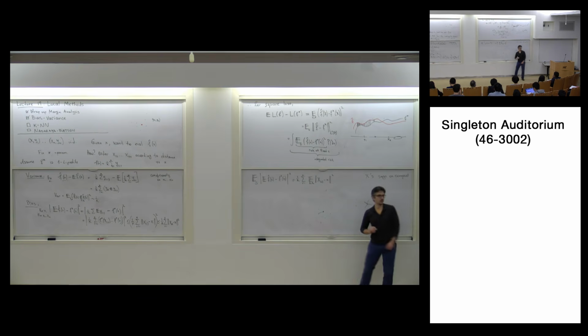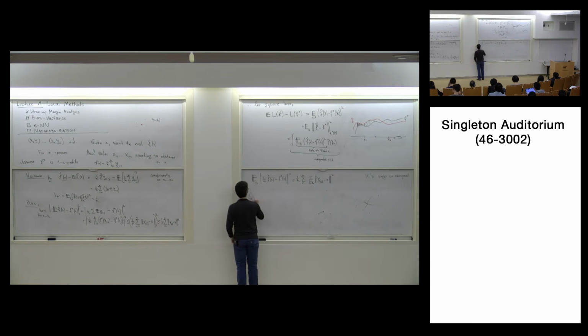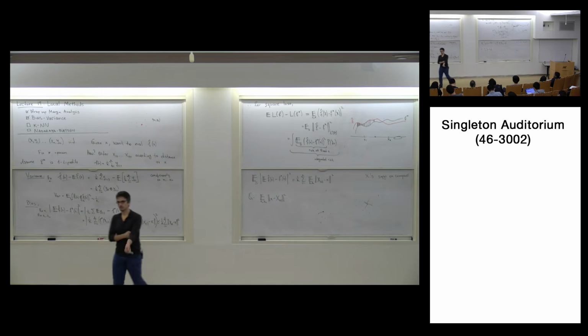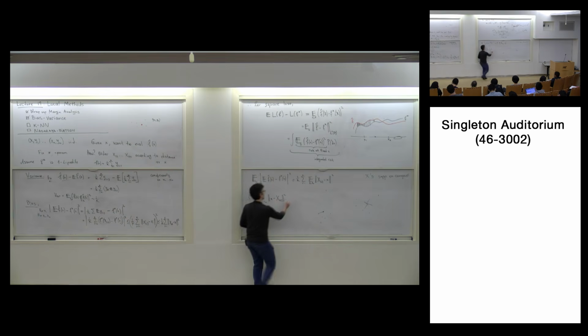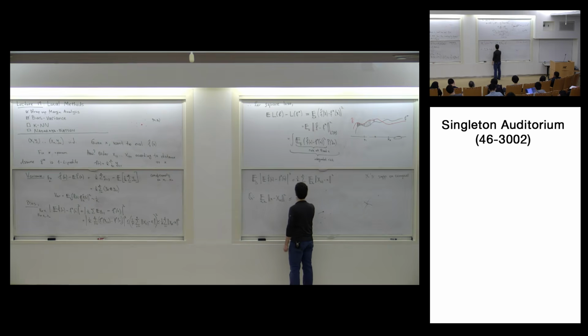What's the distance to the closest in expectation? What would you expect that to behave like? Is the question clear? I claim that it's enough to solve this problem. What is the expected over x1 through xn distance from a little x to the closest point? The sample is large, n is large. I want this as a function of n and also dimension.